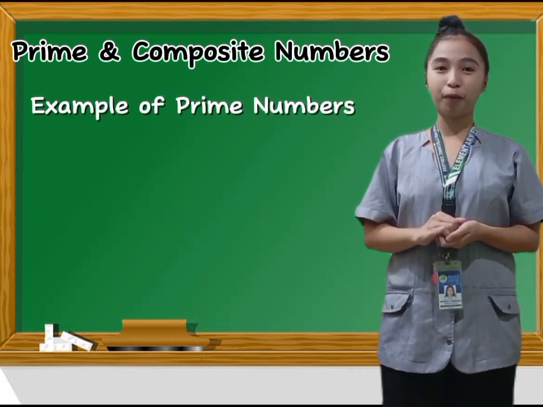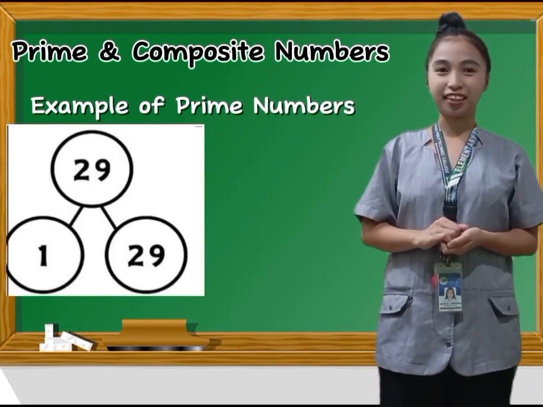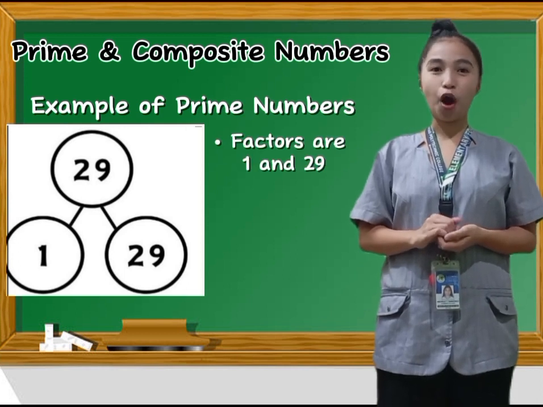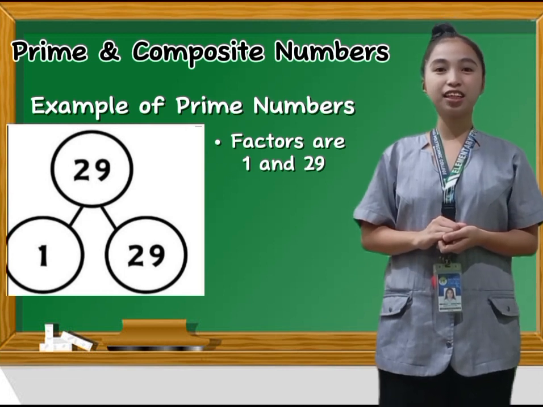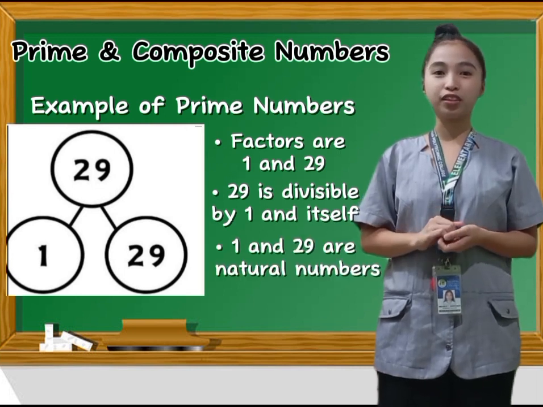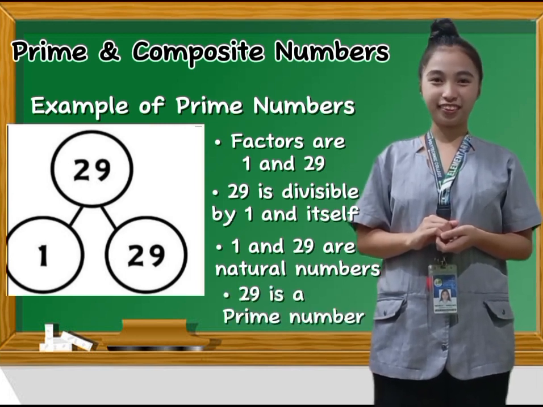Here are examples of prime numbers. The prime number is 29. The factors of 29 are 1 and 29. Why 1 and 29? Because 29 is divisible by 1 and itself. And 1 and 29 are natural numbers or counting numbers. So that's why 29 is a prime number.